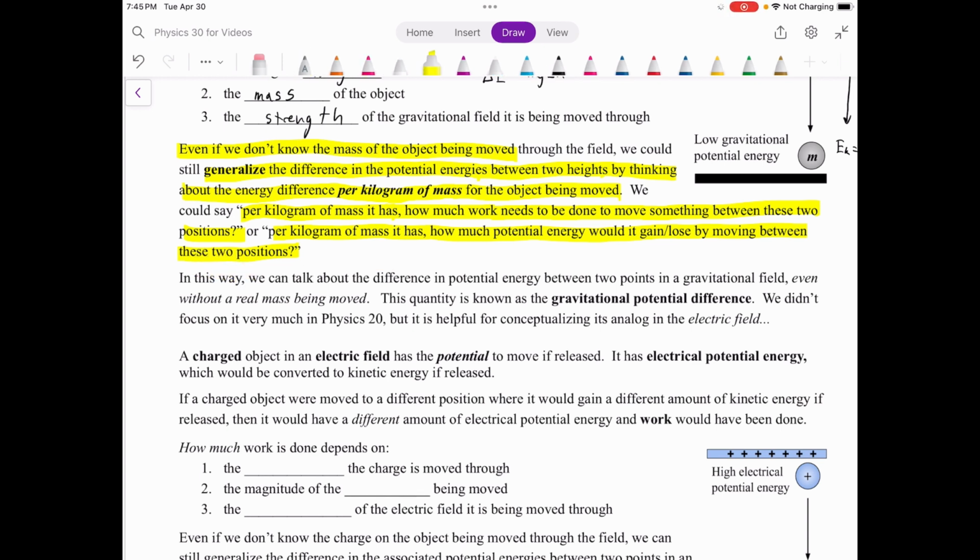And so by doing this, by thinking about how much potential energy it would gain or lose by moving between these two positions per kilogram of mass that it has, we can talk about the difference in potential energy between two different points in a gravitational field. Even if we're not actually moving a real mass, we can still say, well, if we did, for every kilogram of mass that it had, it would gain or lose this many joules of energy by moving from position 1 to position 2.